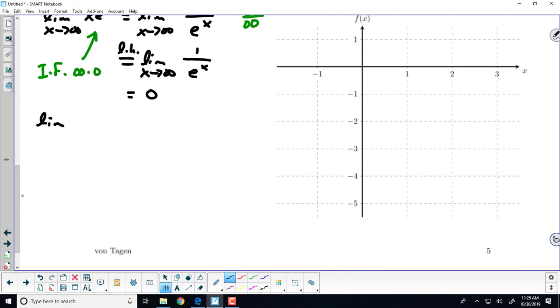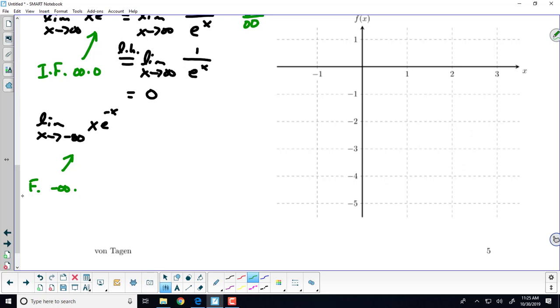Now, let's look at the limit as x approaches negative infinity of x e to the negative x. Let's check the other direction. What is the form of this problem? Well, x is approaching negative infinity. The first factor is approaching negative infinity. What's the second factor approaching? Oh, no, plus.